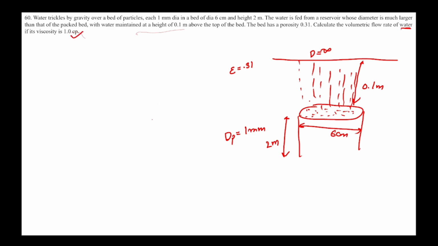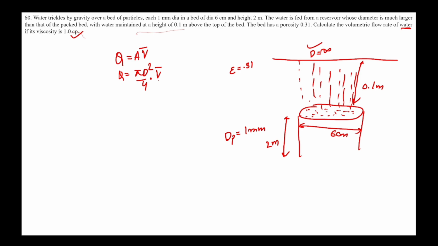So the very first thing, to calculate the volumetric flow rate, Q is equal to area into velocity. The question says that the diameter is very large. If the diameter is very large, then Q is equal to pi d square by 4 into velocity, so velocity will be 0.